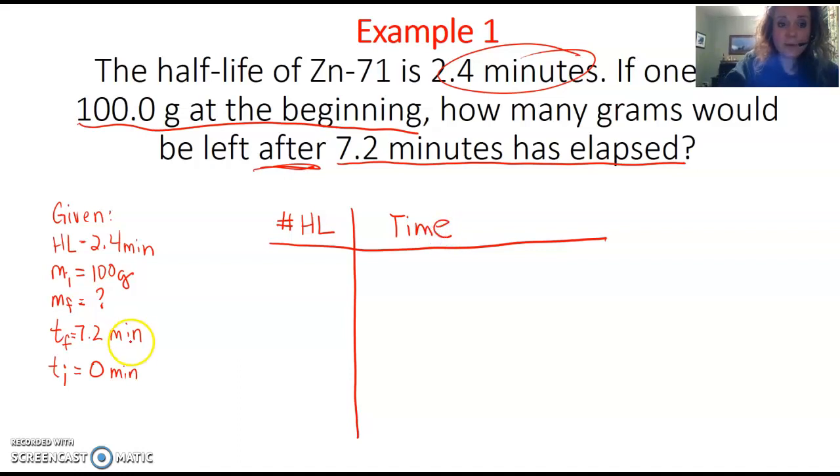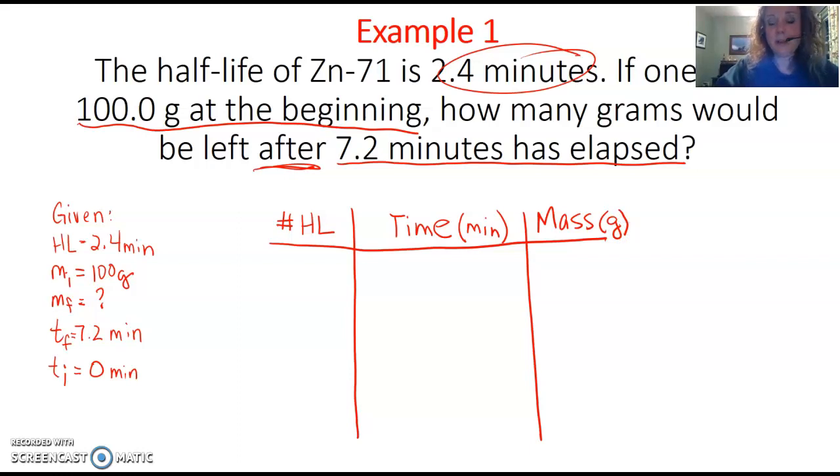And in this case, we're using minutes. So I'll put that in parentheses. And in my final column, I write the amount. Actually, let's change that to mass. And in this case, we're using grams.